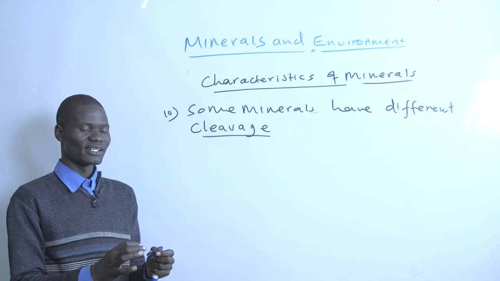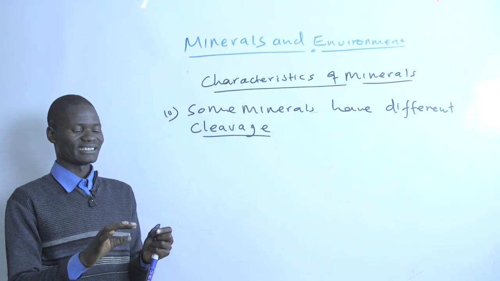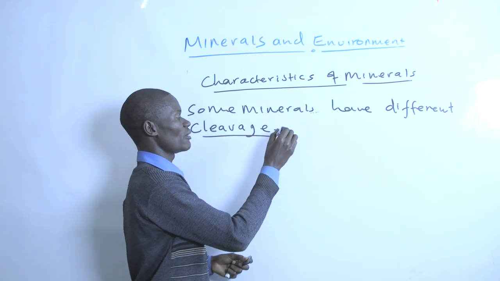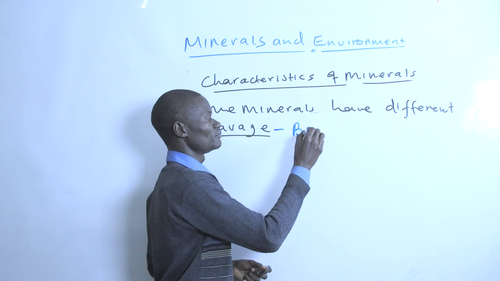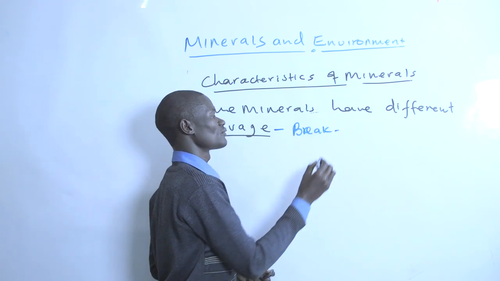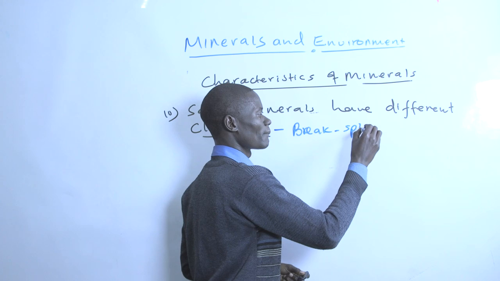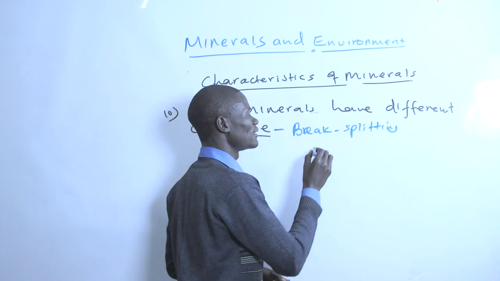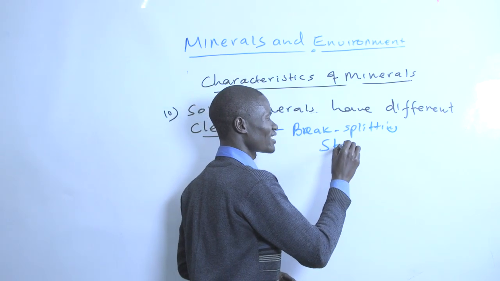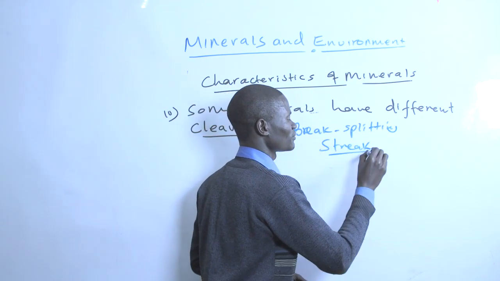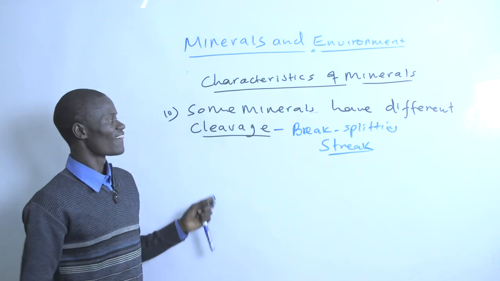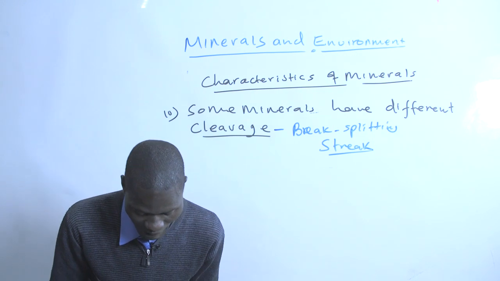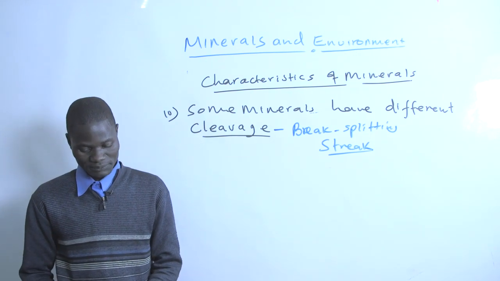Instead, it just breaks in the form of the shape of that mineral. That is the ability of a mineral to break easily, or split. If it does not split, sometimes it may leave what we call a streak. That is characteristic number 4 about minerals.